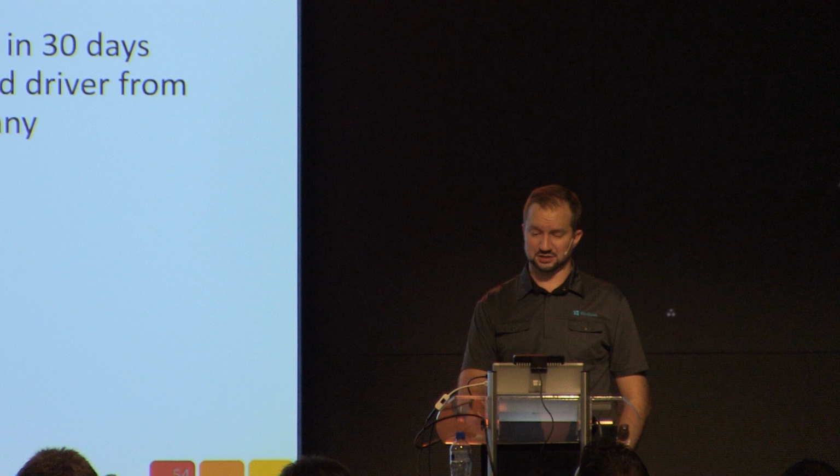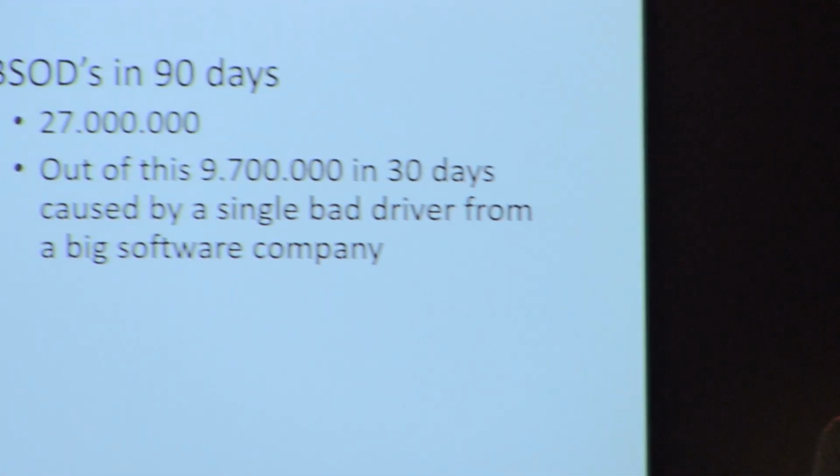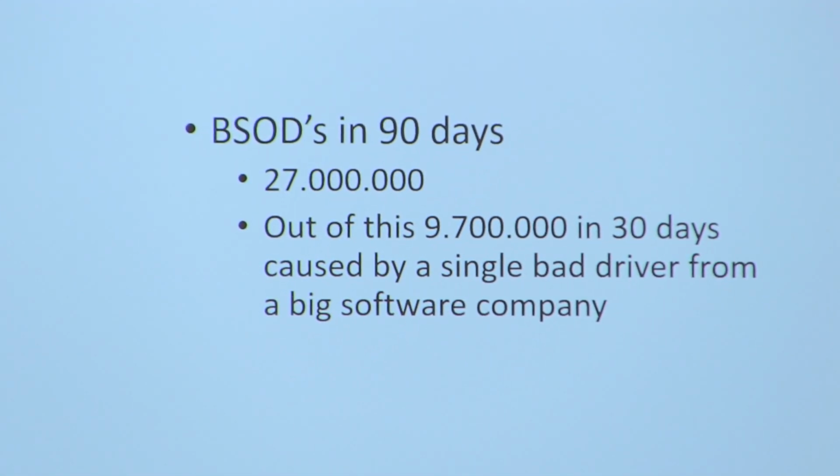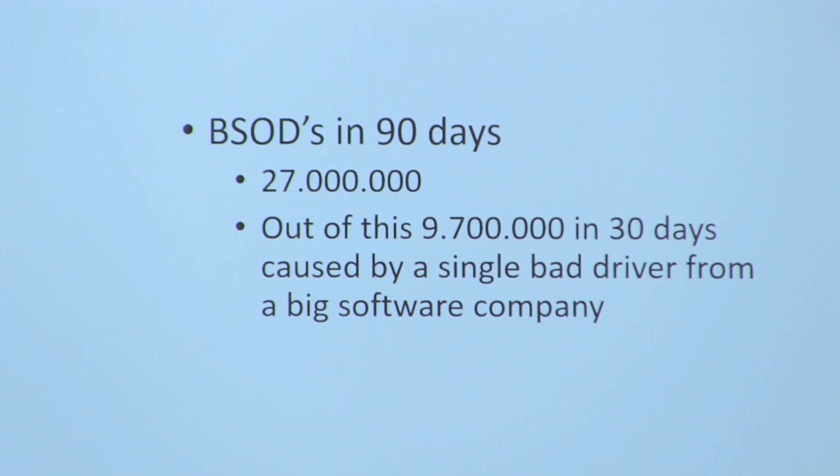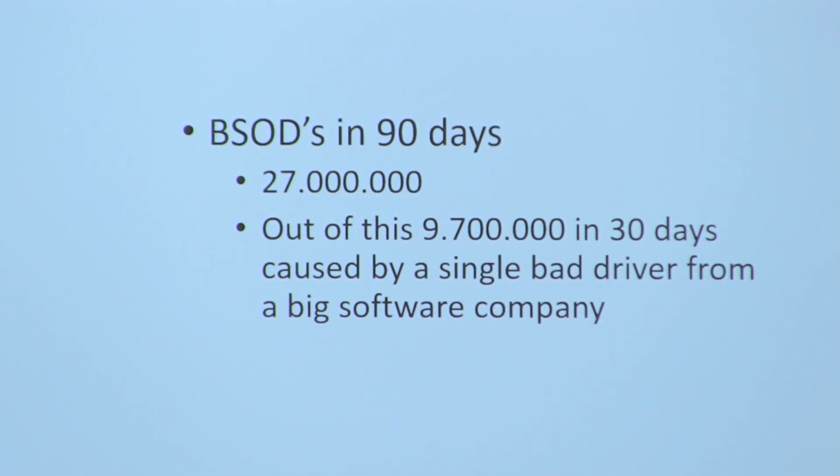And that's why, if we get 27 million blue screens of death in 90 days, that's actually a very good number, it's a low number. But out of that, 9.7 million in 30 days were caused by a single bad driver. So one bad driver signed, put into Windows Update, and you get 10 million blue screens in a month.